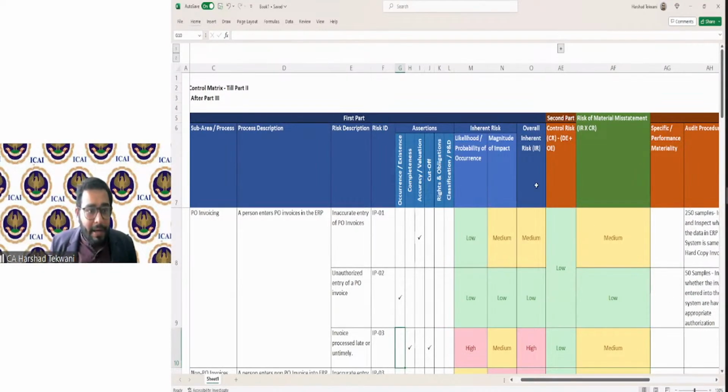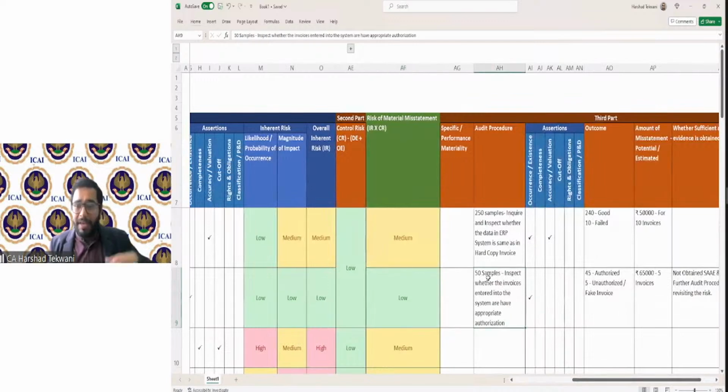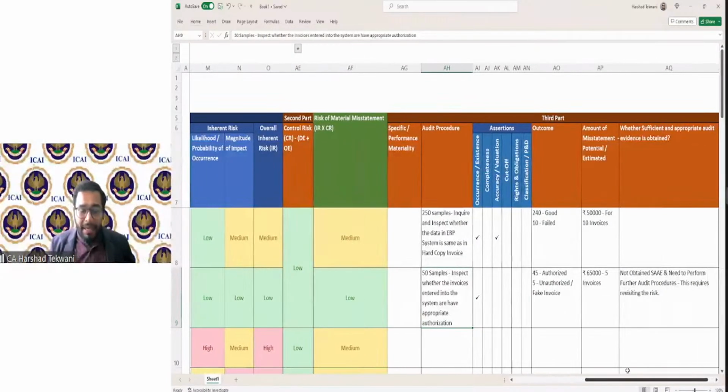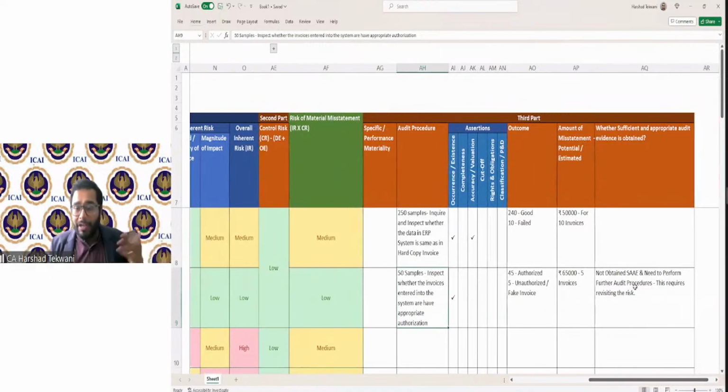I said the probability of occurrence is very low, and the magnitude of impact is very low, but I have identified a fraud. How can I say the overall inherent risk is low? No, I need to change this. The moment I change this to high, my sample size will increase. I need to test additional samples, perform additional audit procedures, and then conclude whether I have obtained sufficient and appropriate audit evidence or not.